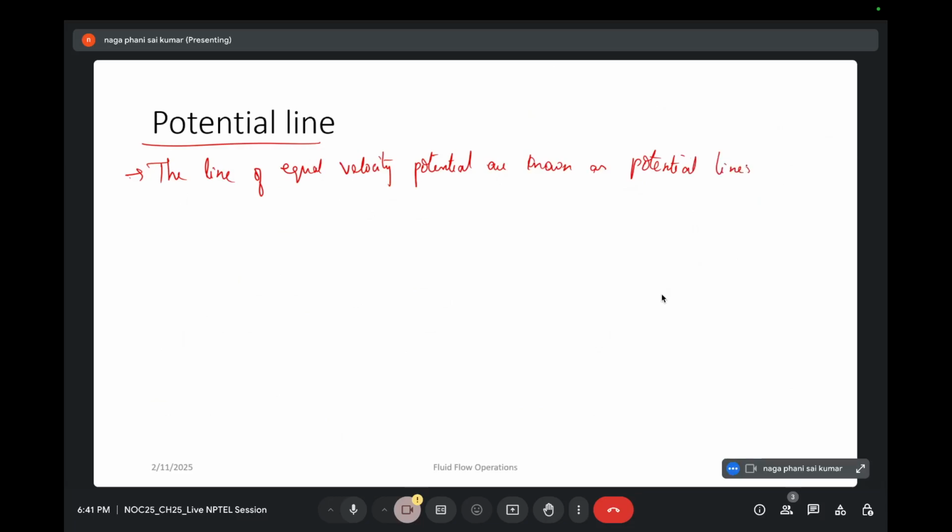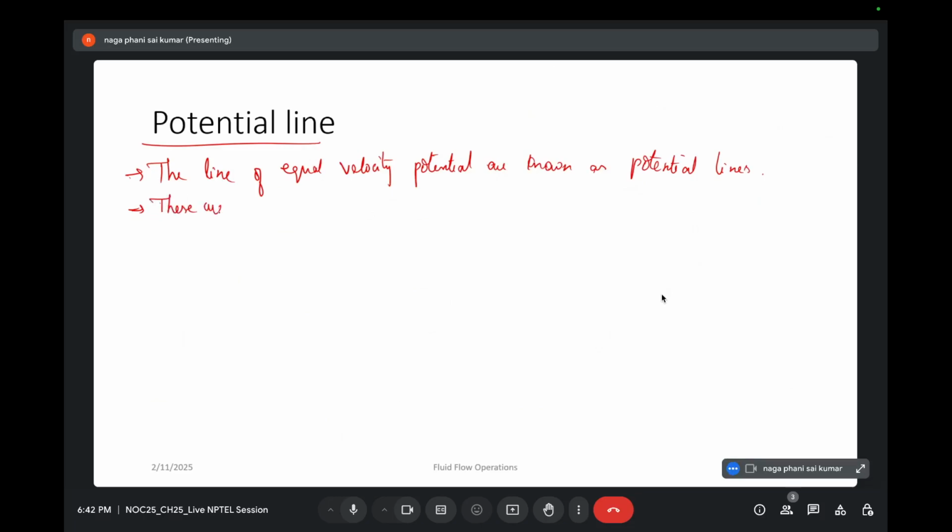The property of potential lines is that they are orthogonal to streamlines. This is also one important parameter which you should remember.